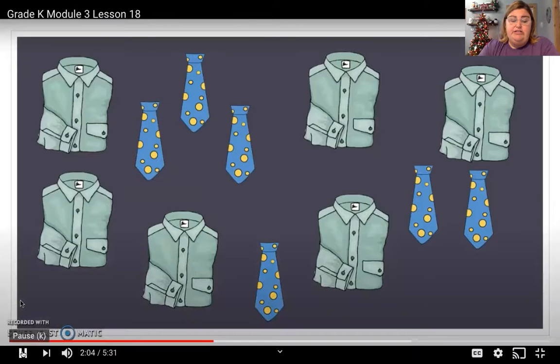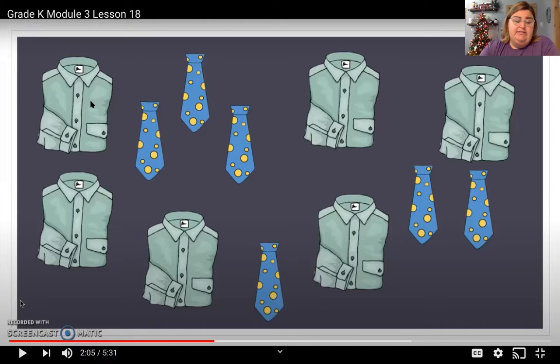So we're going to use the strategy, and we're going to do it with her, where we draw a connecting line to see if we have the same as or if we have more than. So I'm going to do that, and you can help me. You can use your finger to draw on the screen as I draw.